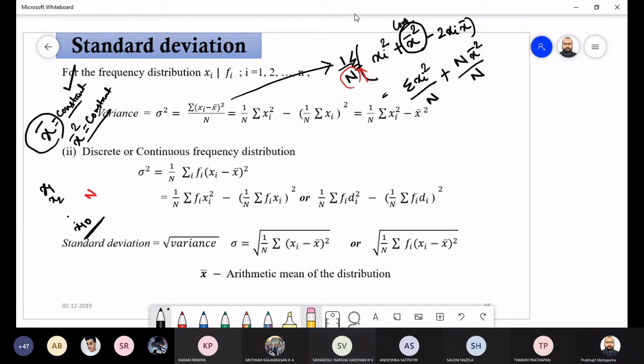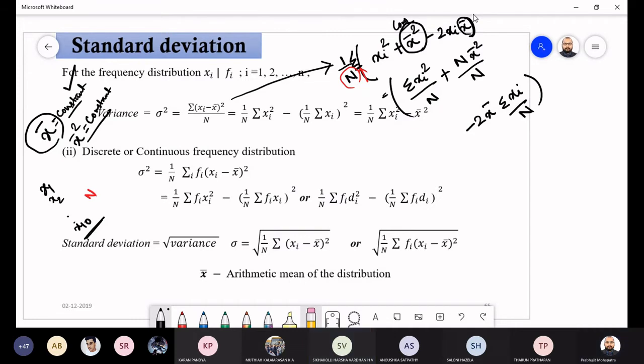Then here x bar is a constant, so I can bring 2 x bar by n. No need to take n outside. Minus 2 is constant, x bar is also constant. So what is remaining? Sum of xi divided by n. Correct or not?